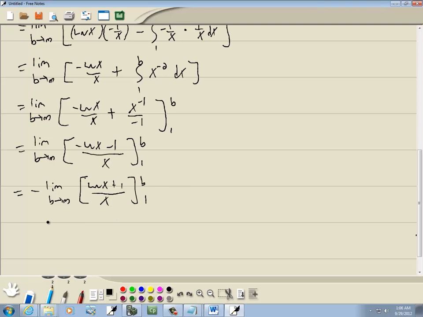And let's plug these in now. So plug into b, so I got natural log of b plus 1 over b minus natural log of 1 plus 1 over 1.